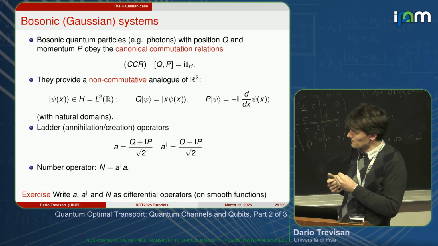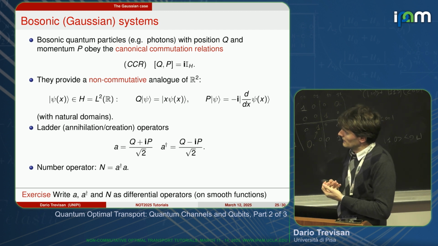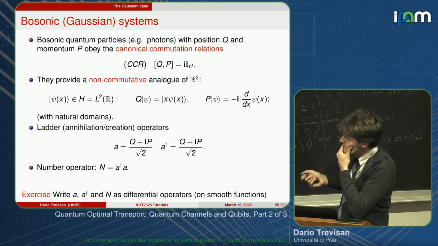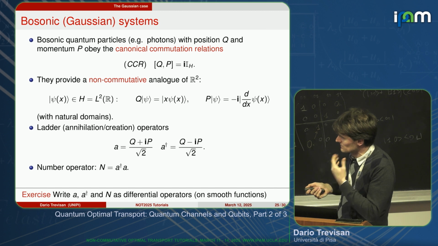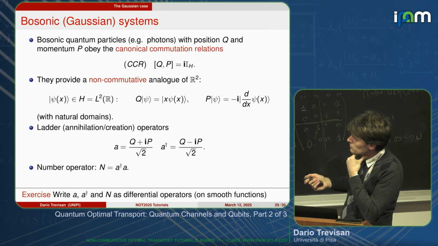Well, the point is you need to define what Gaussian states are, and the reasonable setting is to work in infinite dimensions. You start by working out essentially the harmonic oscillator setting. You need to find position Q and momentum P observables, which will in general be unbounded operators, which satisfy the canonical commutation relations.